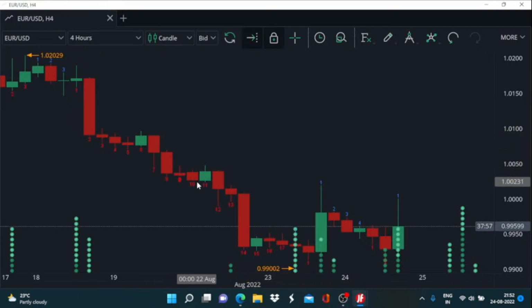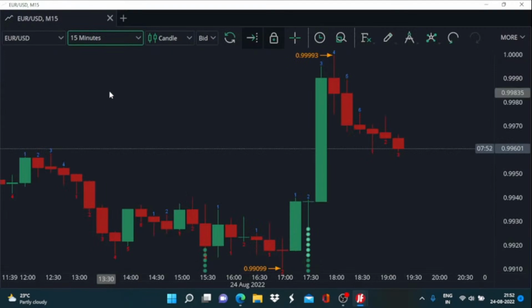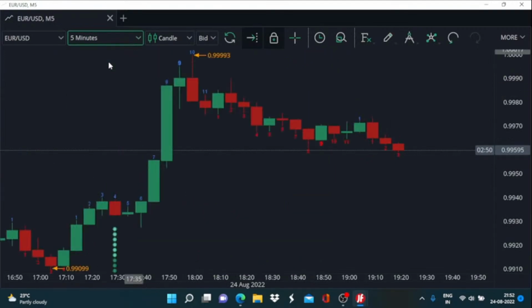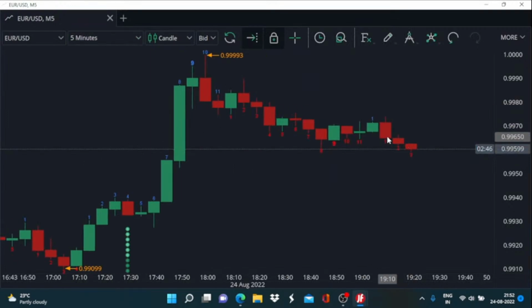As I said, we can't customize this indicator much. All we can do is change the time frame. So if you want to play around with this indicator, the formation is quite simple.